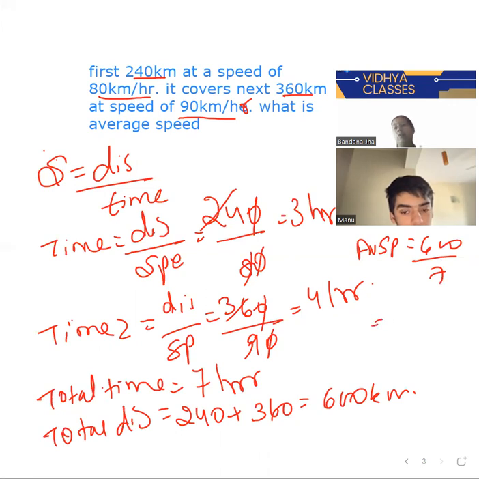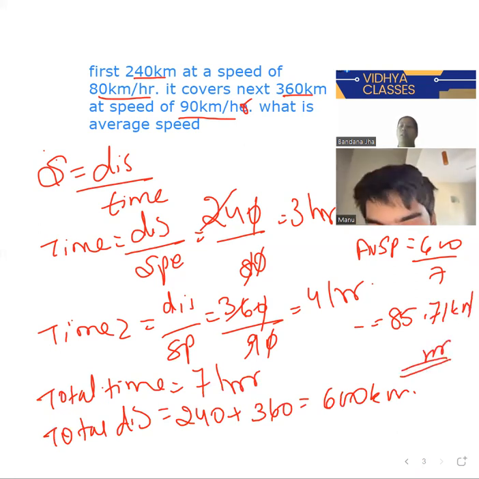That will be approximately 85.71 kilometer per hour. Okay. So that's why I told you that it is 85. Your answer is almost approximately equal, but it's not the exact one.